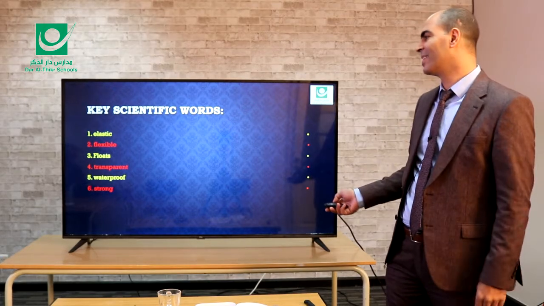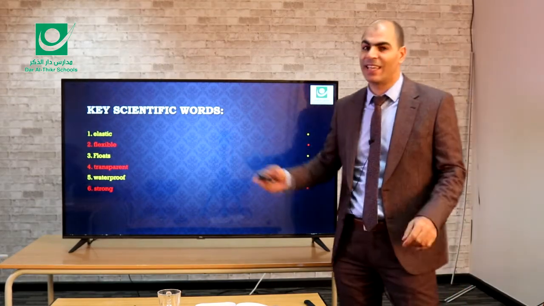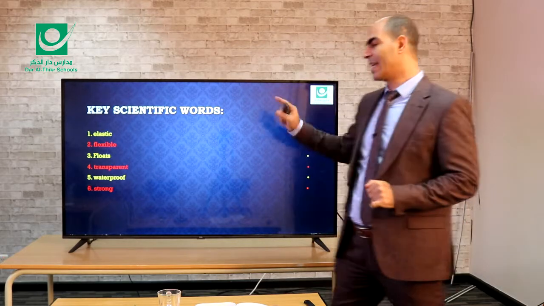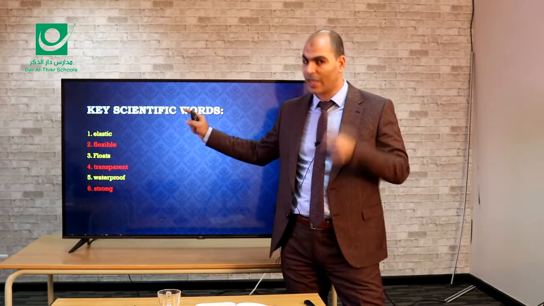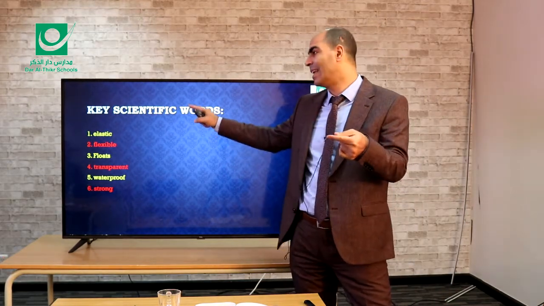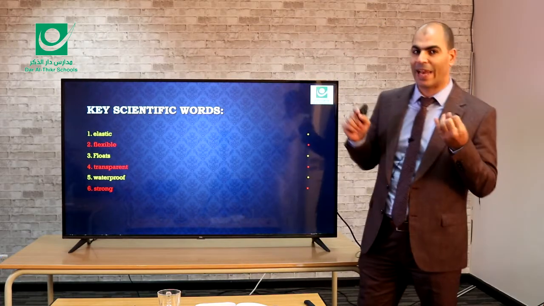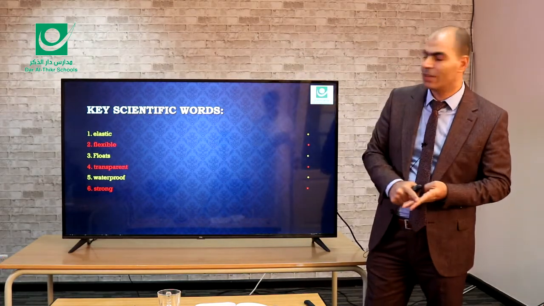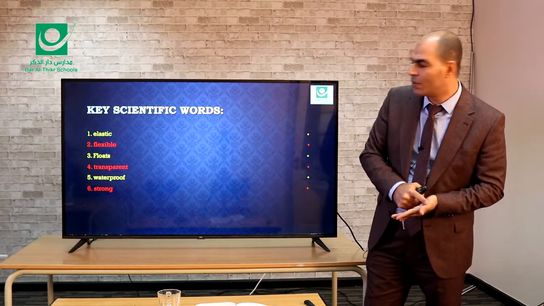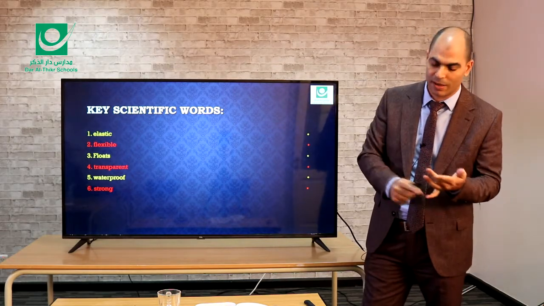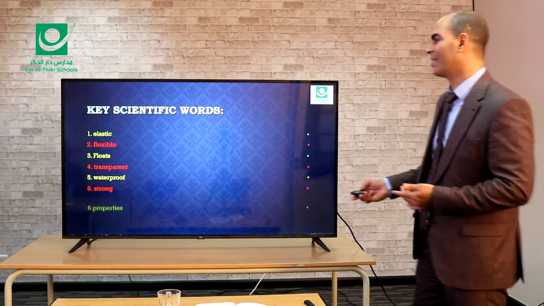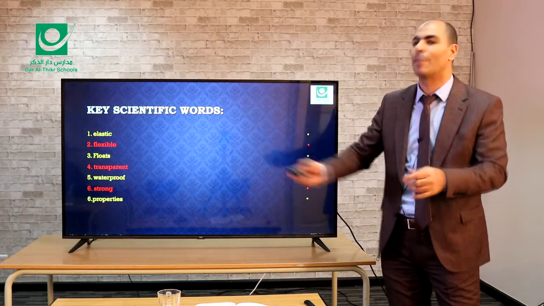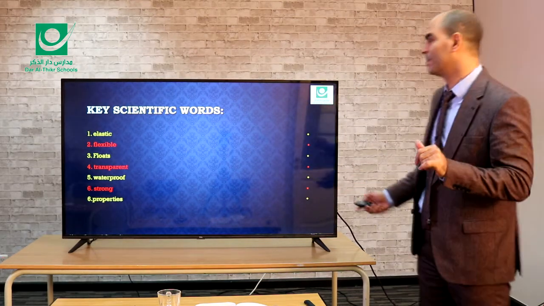Strong. Okay, so these are the key scientific words of our topic. Again, elastic. You can repeat after me. Elastic, flexible, floats, transparent, waterproof, and strong. Okay. Another one which is very important, the properties.